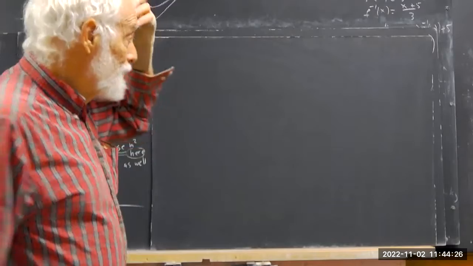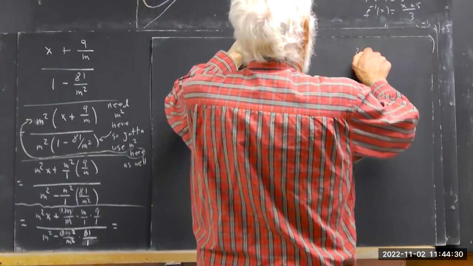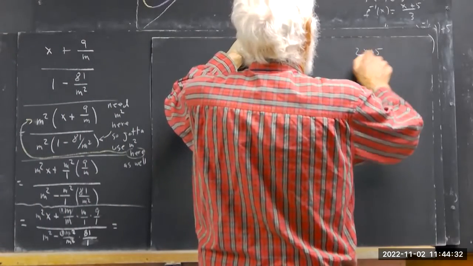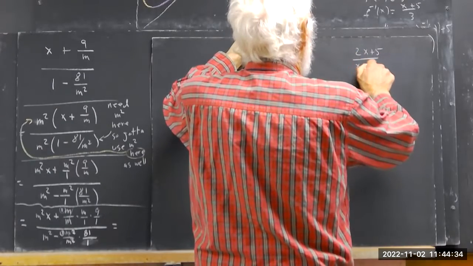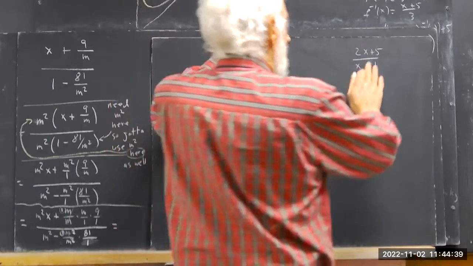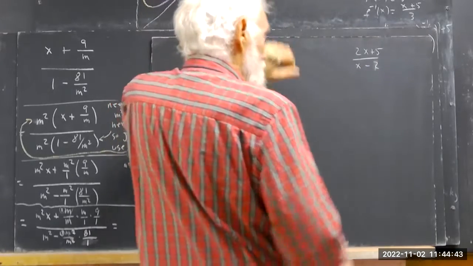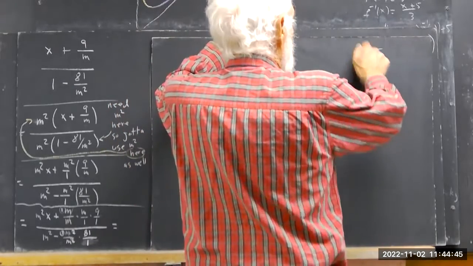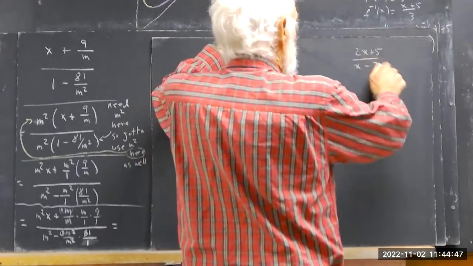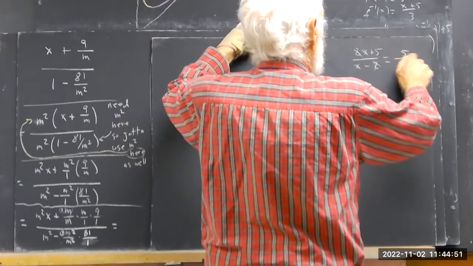And let me just digress. Look at 2x plus 5 over x minus 2. People will cross out the x's. Then they'll cross out the 2's, and you just get 5 over a minus sign.